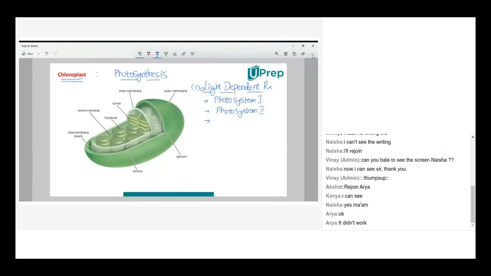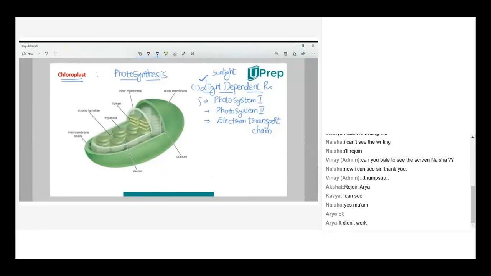Then the third component is the electron transport chain. These are the three components involved in the light-dependent reaction. So the light-dependent reaction definitely needs sunlight. Only in the presence of sunlight does the light-dependent reaction happen.